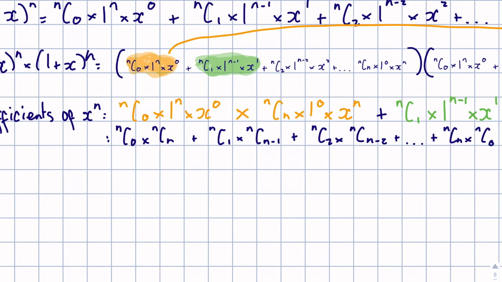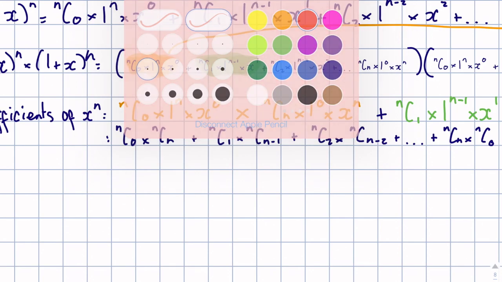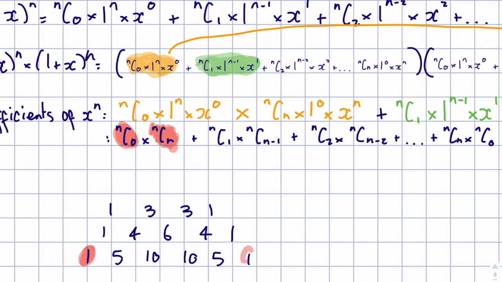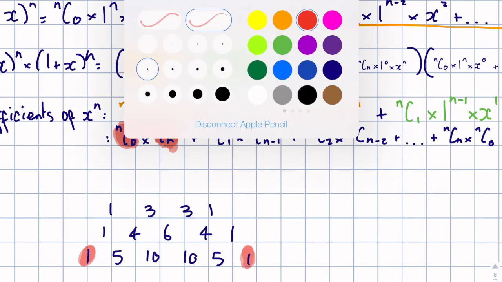Now, this equals this, yeah? Because remember how we have 1, 3, 3, 1, 1, 4, 6, 4, 1, 1, 5, 10, 10, 5, 1. These are both on the outside and they equal each other.